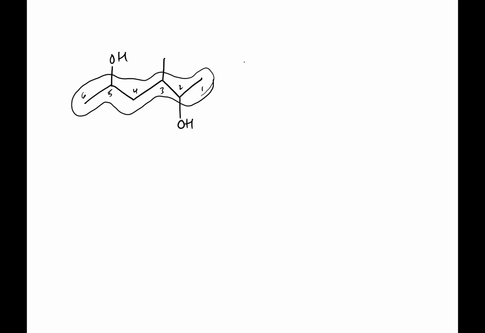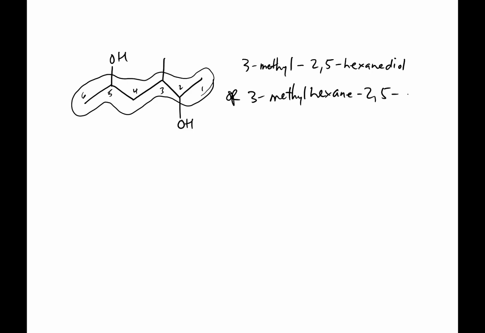So this becomes 3-methyl, looks like 2,5 hexane diol. Notice the E, I kept the E, right? Or 3-methylhexane-2,5-diol. Okay? All right.